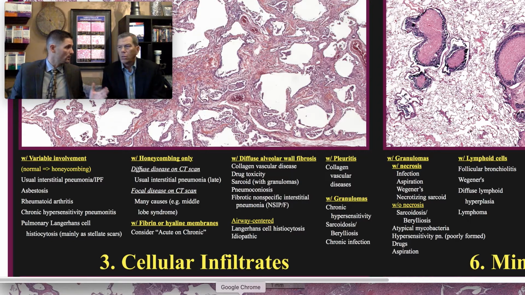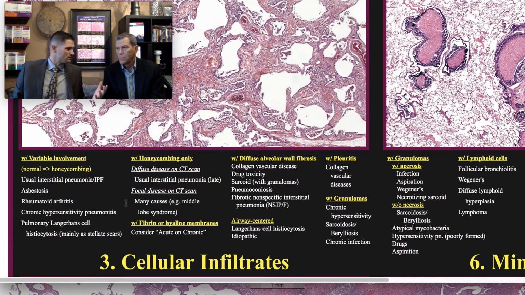But we all know, and our clinicians know, that there is a differential diagnosis with regard to etiologies of what can give you a UIP pattern fibrosis. In fact, the differential is listed right here underneath the variable involvement. We think about IPF, we think about pneumoconioses, we think about connective tissue disease, we think about chronic hypersensitivity pneumonitis. So the question becomes, we have a general UIP pattern.